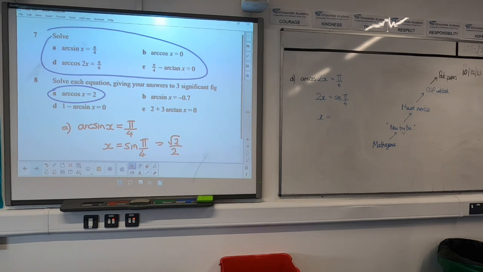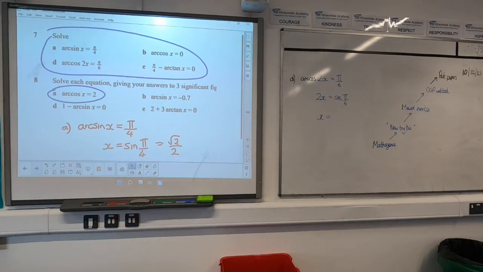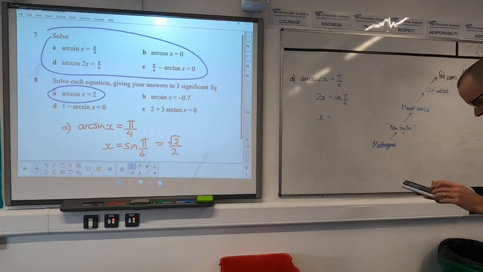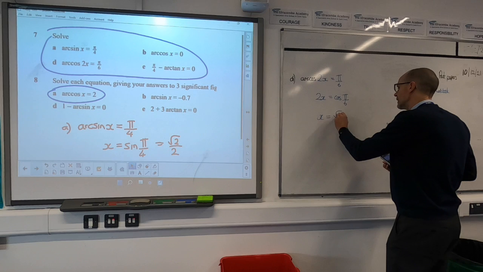Shift 6. Radians. Remember, we must be in radians for this. Sorry, root 3 over 2, and then that's what 2x is, so x is just half of that, so you divide that by 2, you get root 3 over 4.